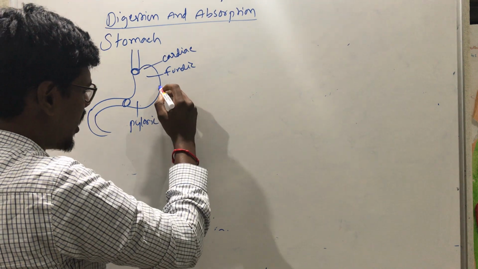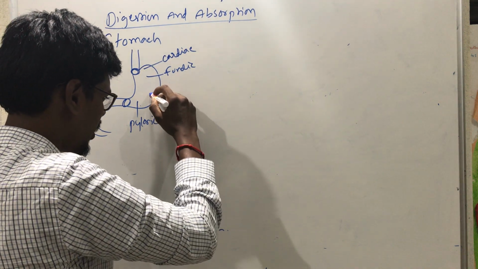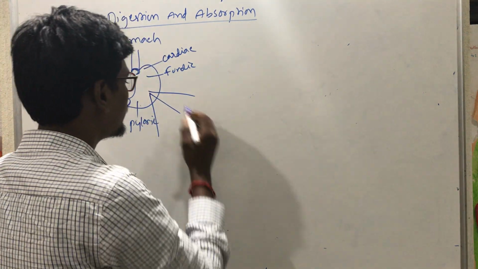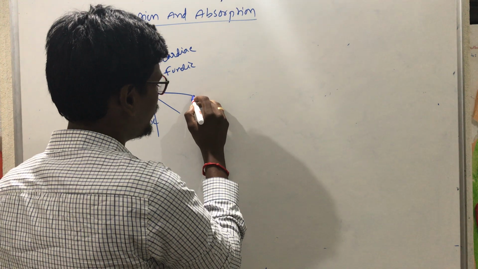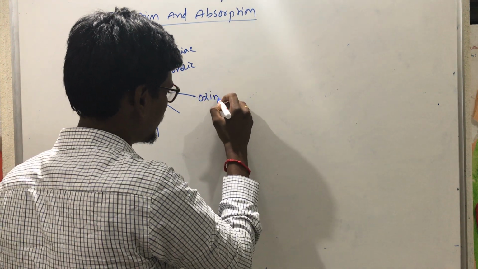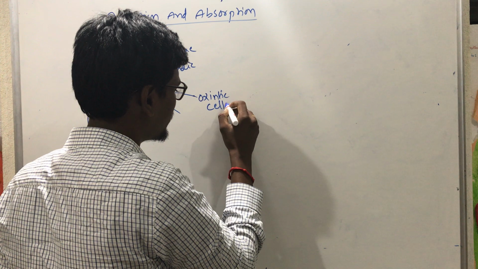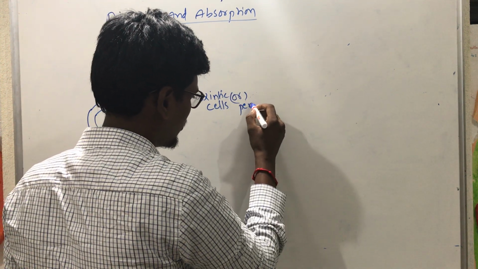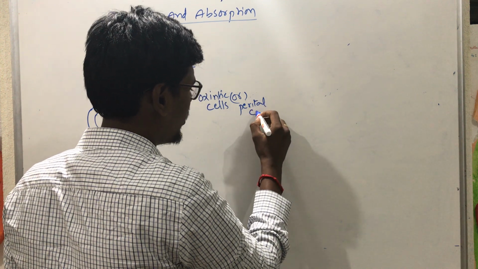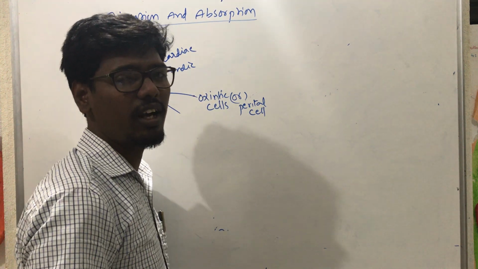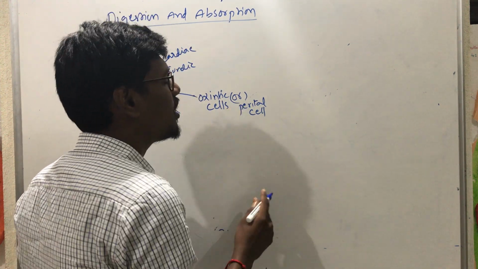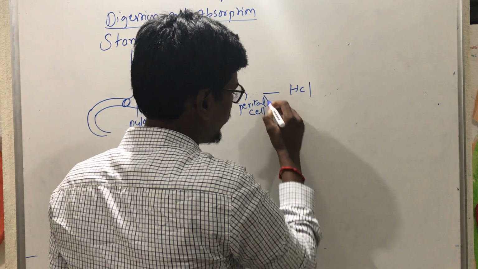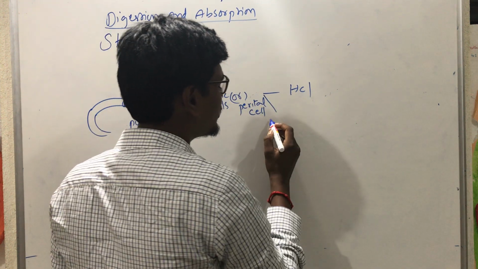The fundic region has three types of glands. First are the oxyntic cells, or parietal cells. These release HCl and also the intrinsic factor.